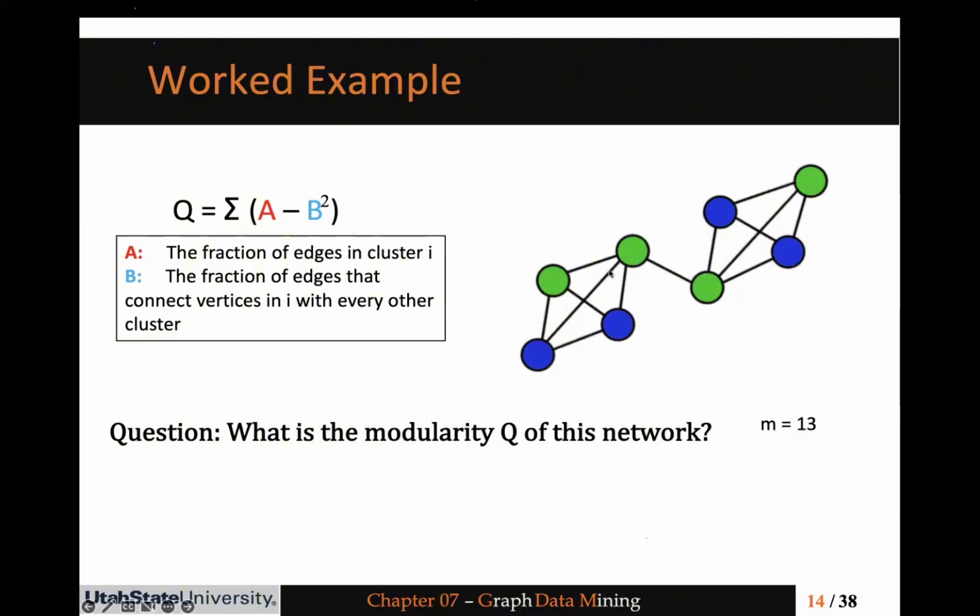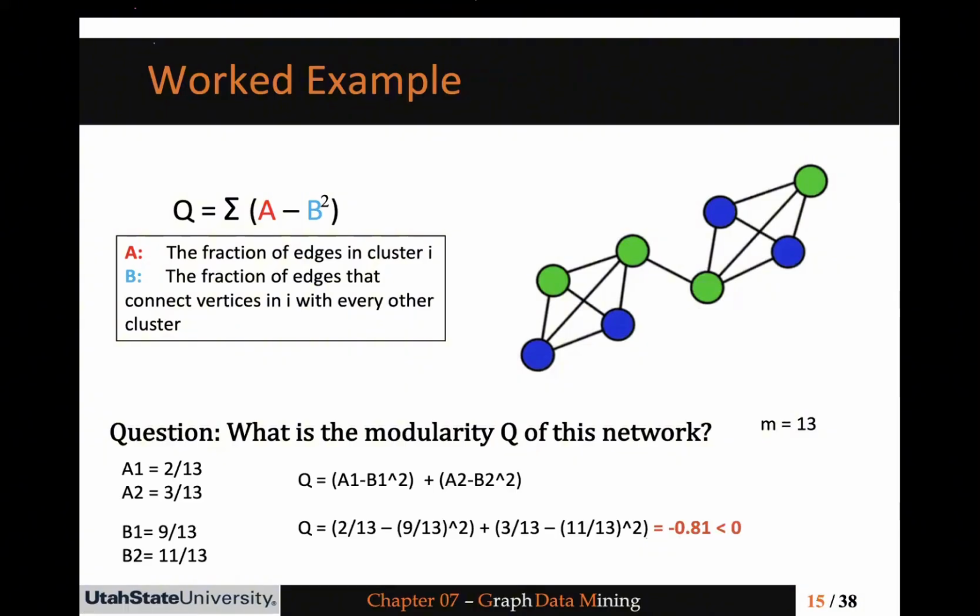So you could see that the number of edges which connect green together is probably not greater than the number of edges that connect green to the outside world there. So therefore, by definition, these are not well-defined communities over here.